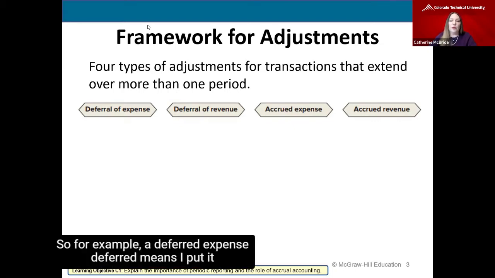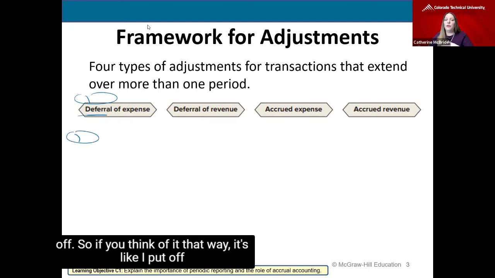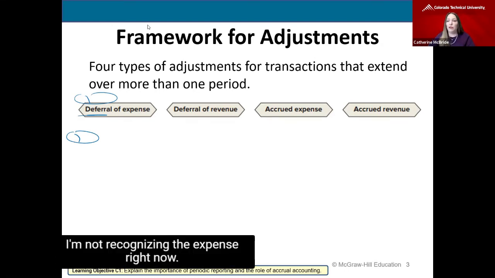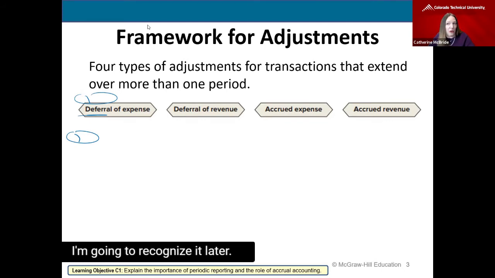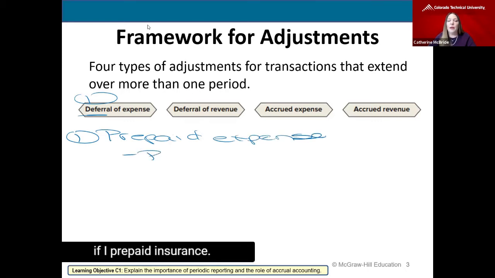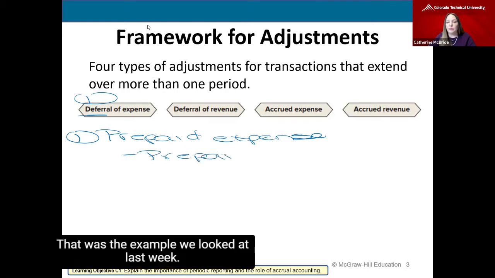So for example, a deferred expense, deferred means I put it off. So if you think of it that way, it's like I put off the expense. I'm not recognizing the expense right now. I'm going to recognize it later. So an example of that would be the prepaid expense. Like if I prepaid insurance, that was the example we looked at last week.